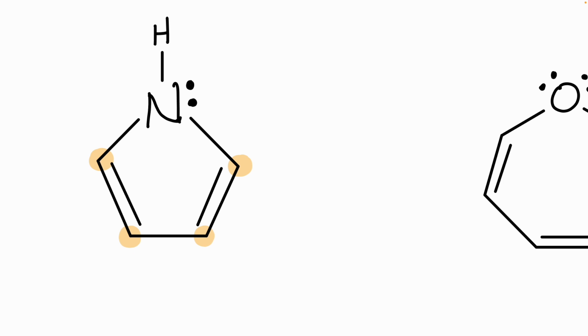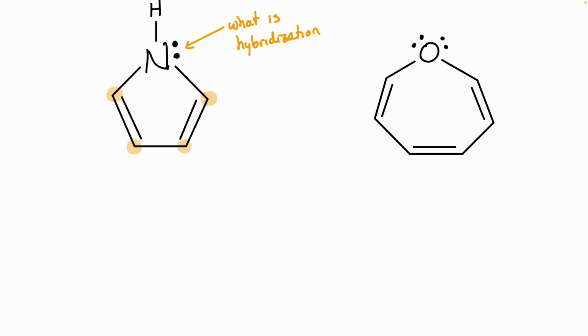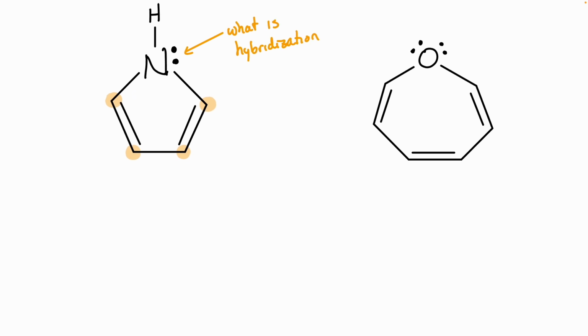Now our question is, what is the hybridization of that nitrogen? We're going to boil this down to one simple rule here, which is lone pairs get to choose.